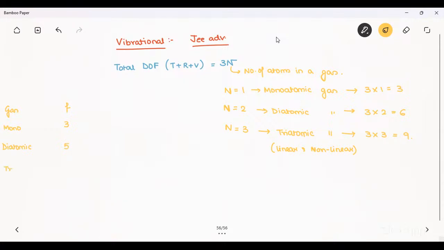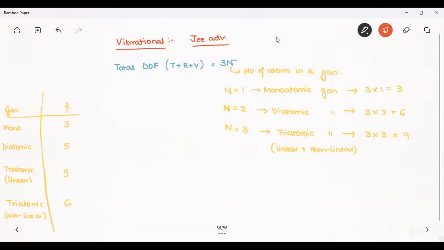For triatomic linear, it was 5 again. And for triatomic non-linear, it was 6. Okay, so this was the basic thing we have already learned.